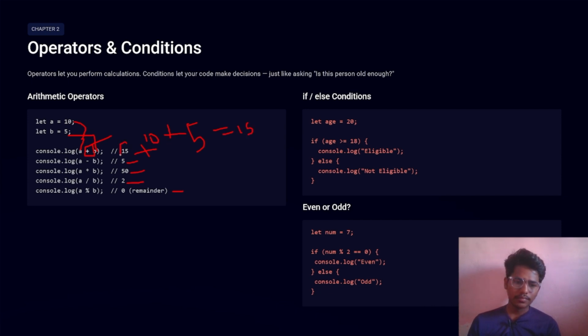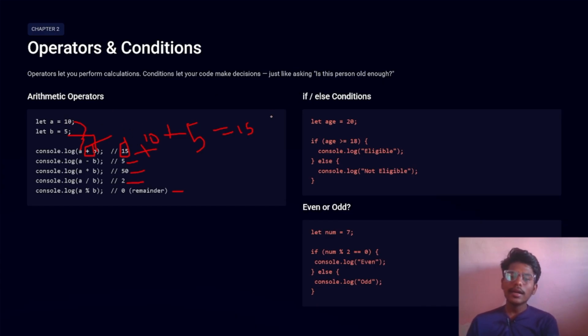Here is the answer. In that same way, console.log a minus b, a into b, a divided by b, and a modulus of b. The a minus b is 5 and a into b is equal to 50, like that. The 5 operators are performed. Okay. Here are the operators.